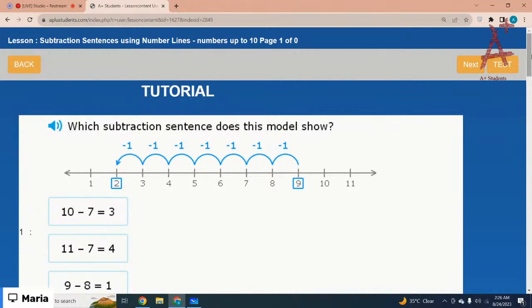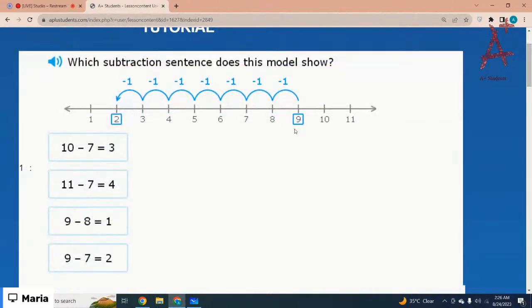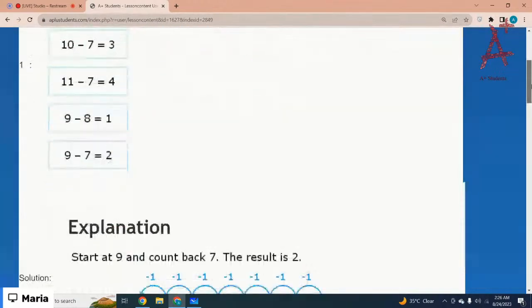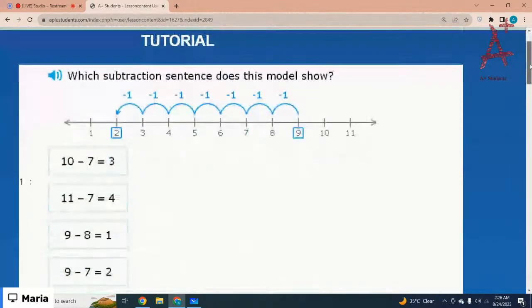That means you have done 9 take away 7. You go back by 7, right? 9 take away 7 and now you are left with 2, right? 9 take away 7 is 2.